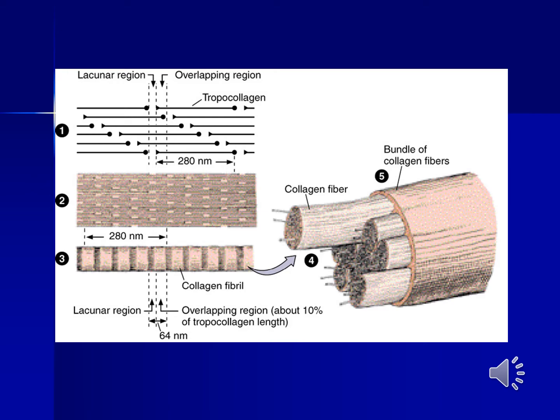This is a very good scheme, also present in your textbook, which shows the composition of a collagen fiber. You can see that a collagen fiber includes some elements and forms step by step. The first element, number 1, is the molecules of collagen which form tropocollagen, and tropocollagen together forms parallel layers, and as a result a special striation of the collagen fiber is visible.